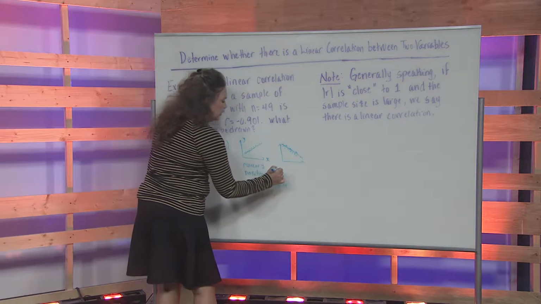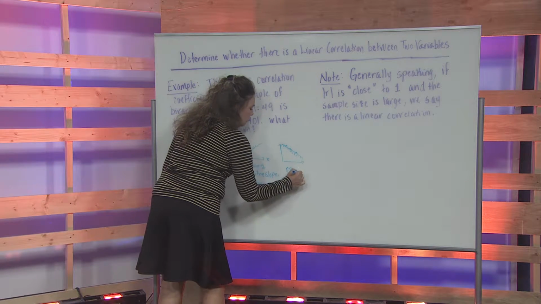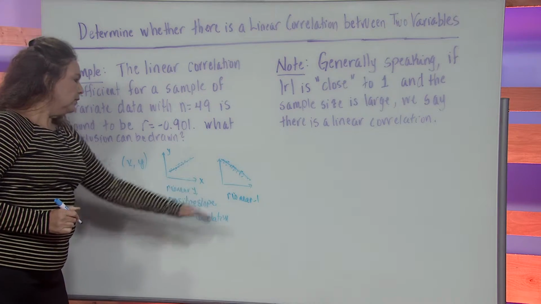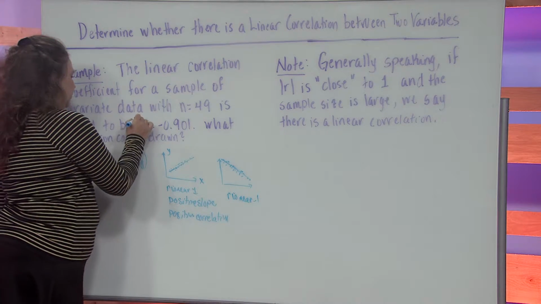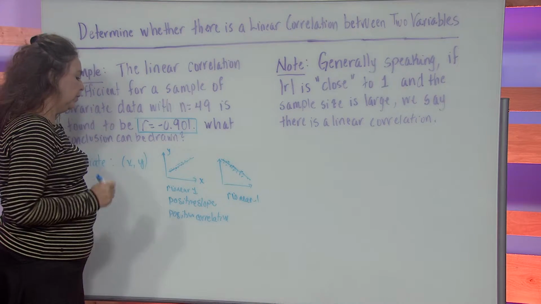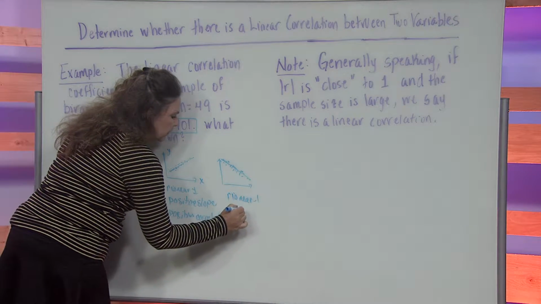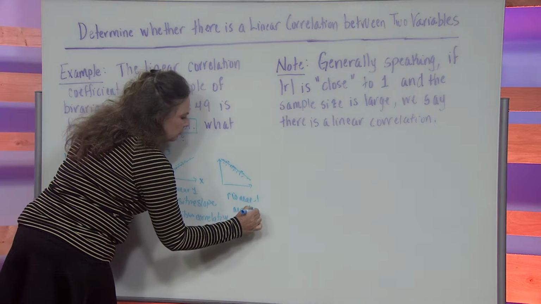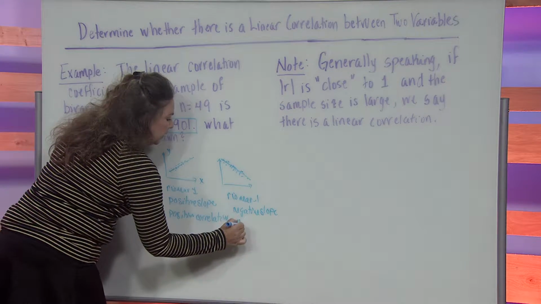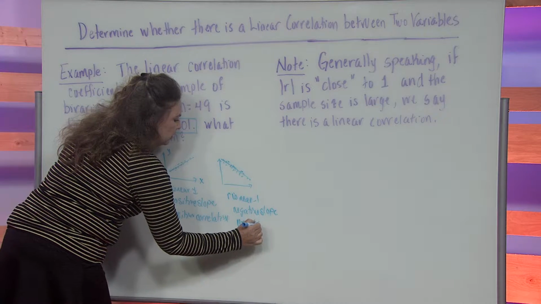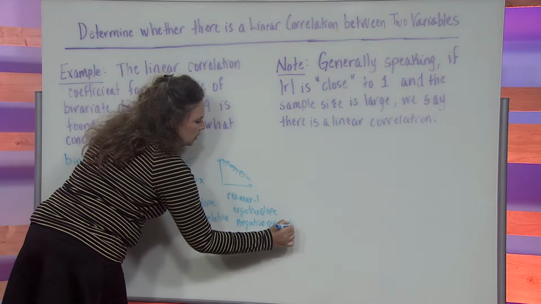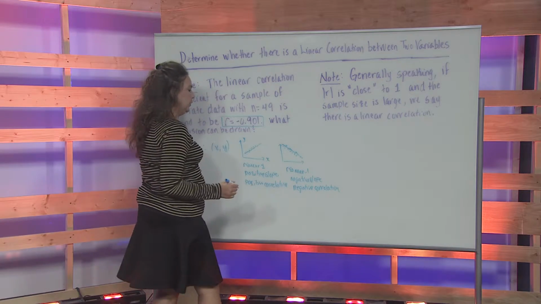Here, r is near negative 1. Comparing that back to our problem, r is near negative 1, so we have a negative slope and a negative correlation.